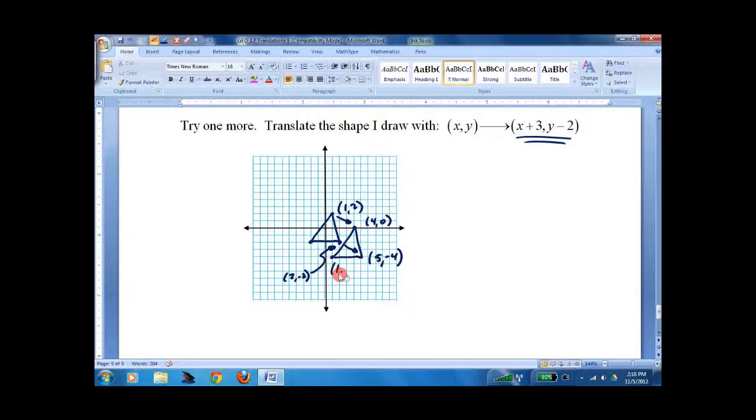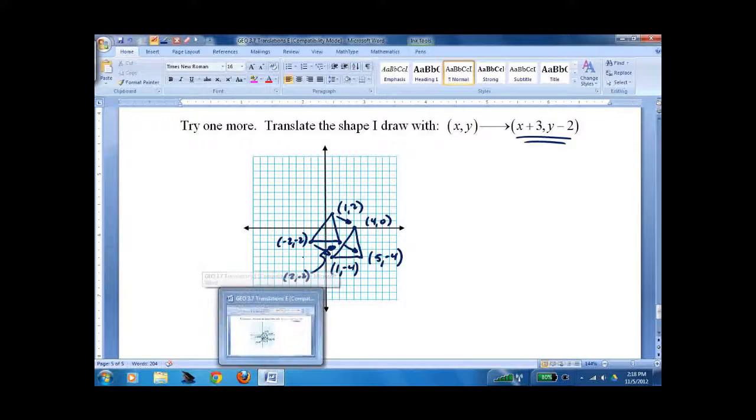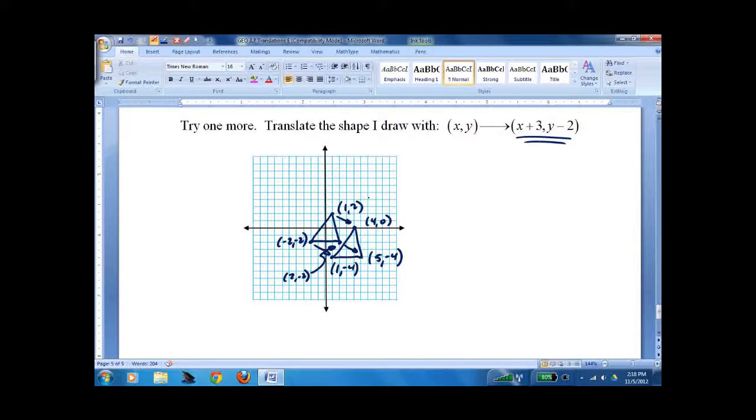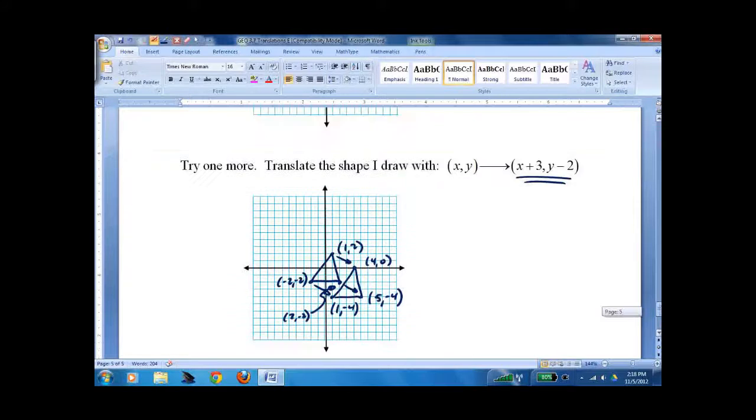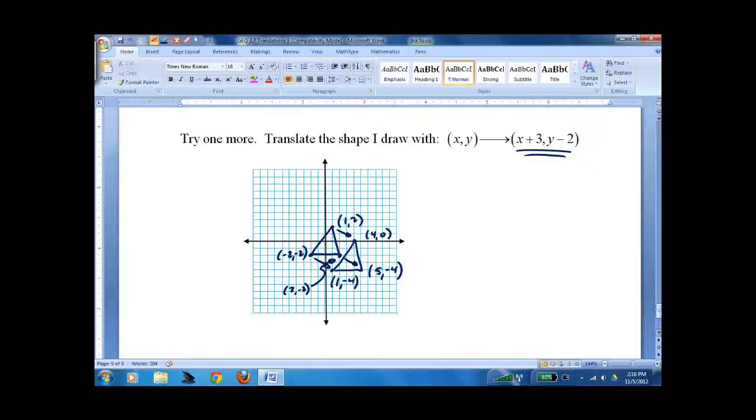This is now 1 comma -4, and it was -2 comma -2. 3 over, 2 down, 3 over, 2 down, 3 over, 2 down. That's it. A little bit tricky, but not too bad to work on, so give it a shot. Good luck.